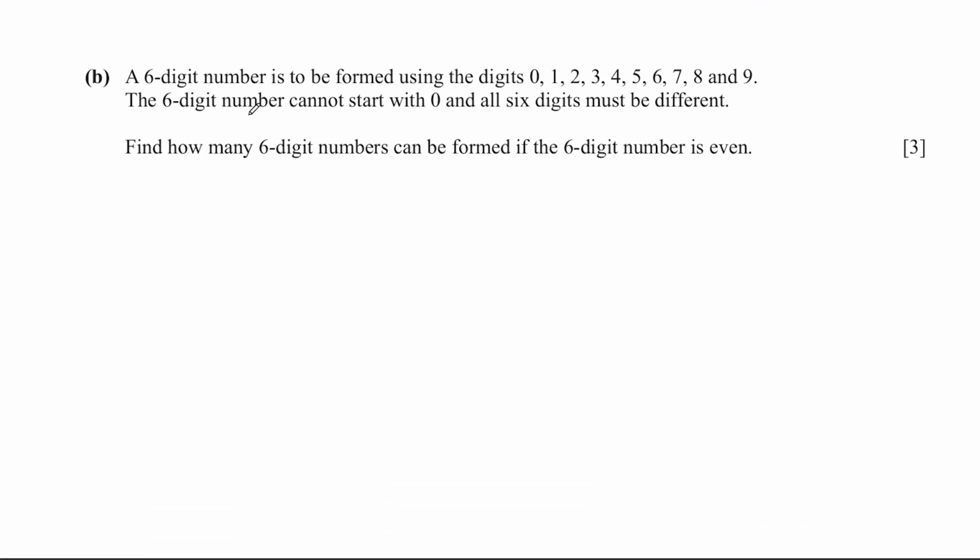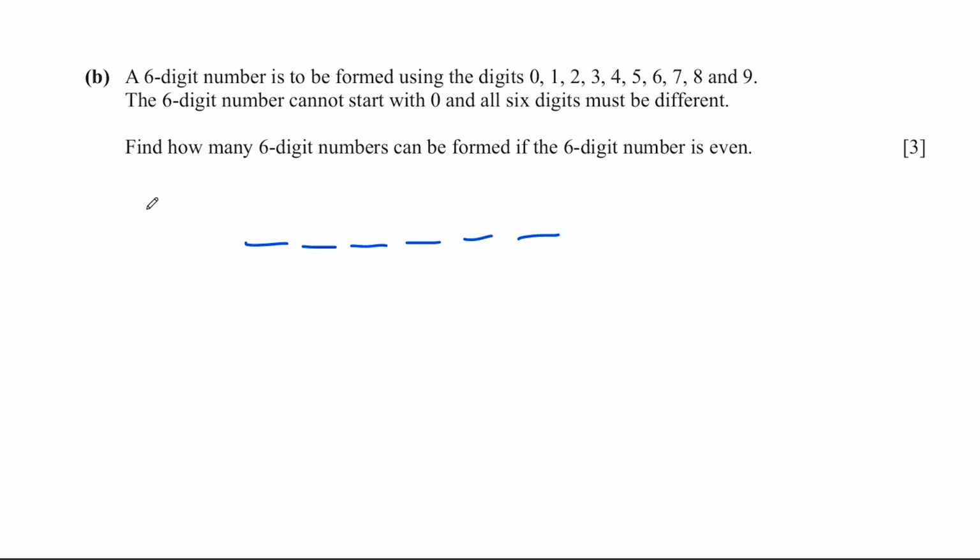Okay, part B. Now it's a 6-digit number from these few digits and cannot start with 0, and all 6 digits must be different. How many 6-digit numbers can be formed if it's even? Okay, so a number, definitely the order will matter, so we're going to use permutations here.